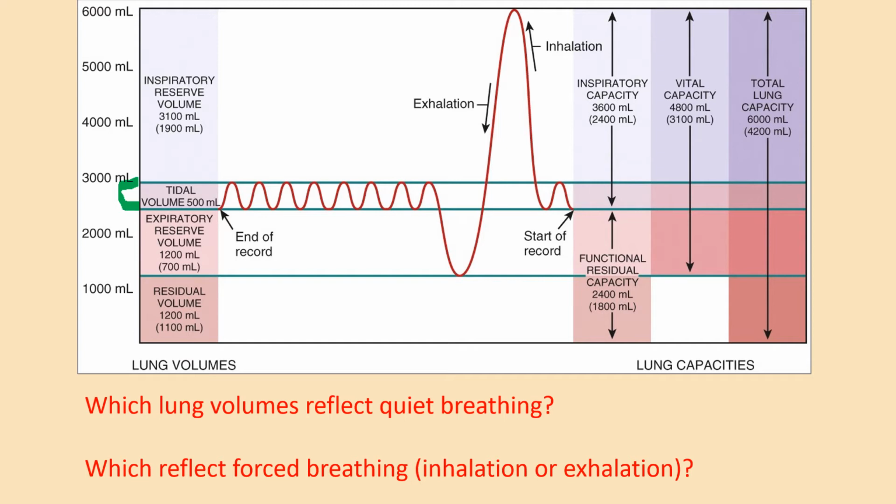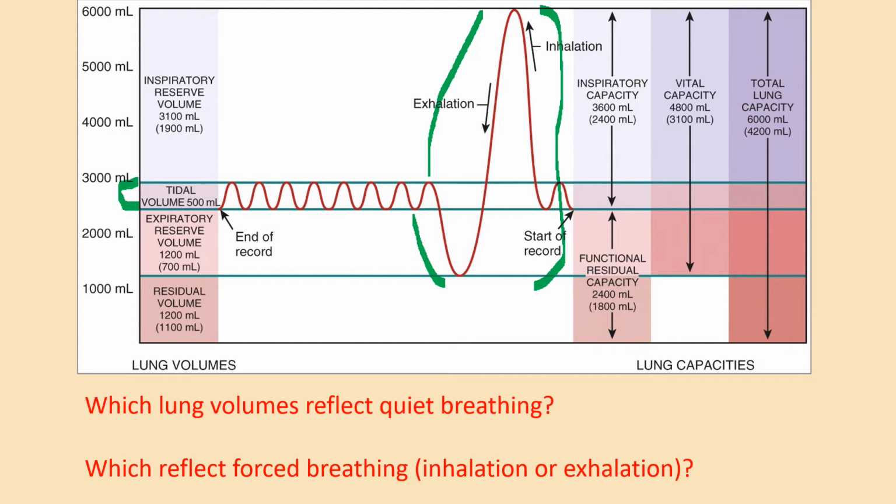And maybe you'll recall that when you take an inhalation beyond your normal tidal inhalation, that's called your inspiratory reserve volume. And when you take an exhalation beyond your quiet exhalation, that's called your expiratory reserve volume. And maybe you remember that your vital capacity is the total volume of air that you can inhale and exhale.